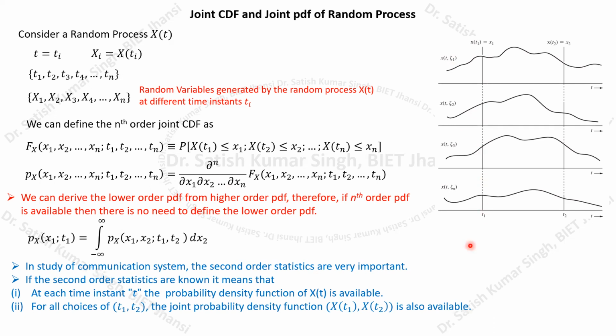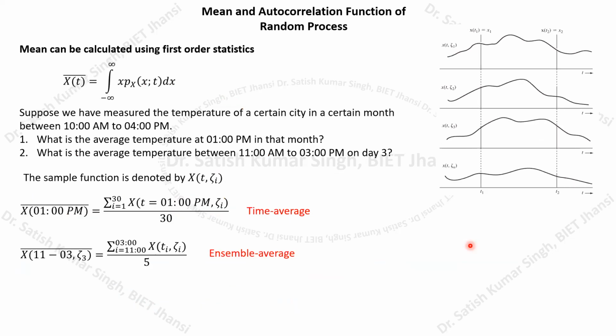So now we can go for the calculation of the mean. And there is another function, known as the autocorrelation function, which is a very important parameter in the case of a random process, that we will also try to understand.